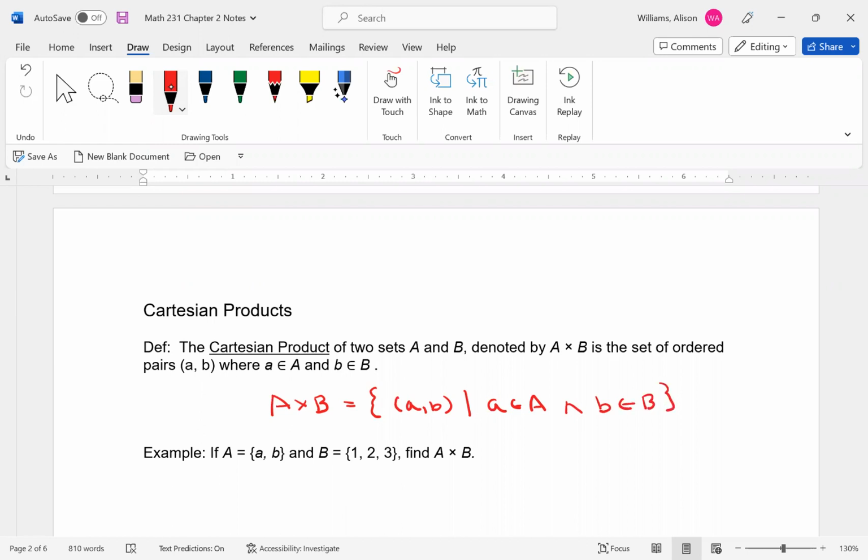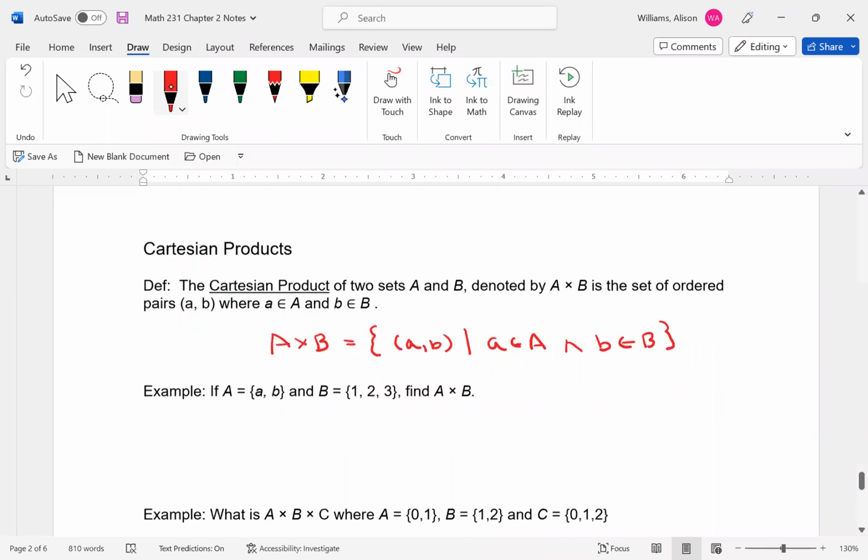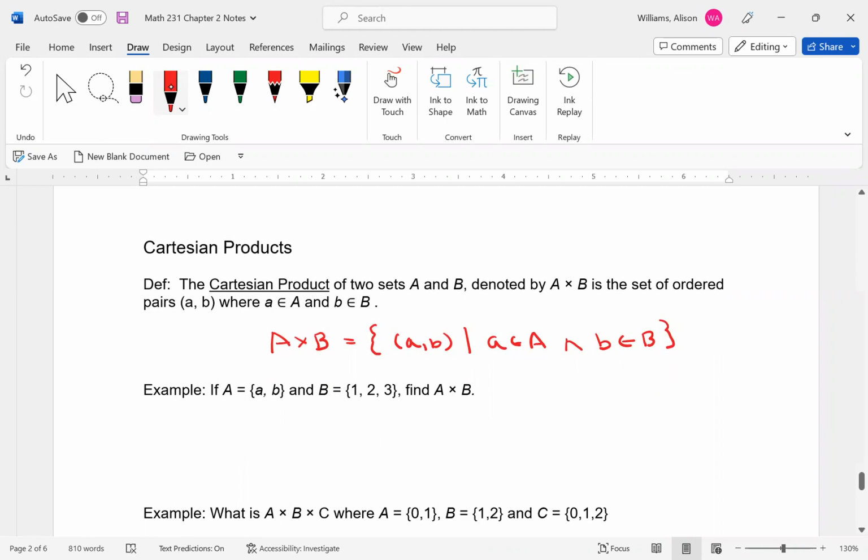All right, so let's look at an example. Let's say A is {a, b}, and B is {1, 2, 3}. Let's find A cross B. We're going to take every element from A and pair it up with every element from B. So let's start with lowercase a, and pair it with everything in B. That would be 1, 2, and 3.